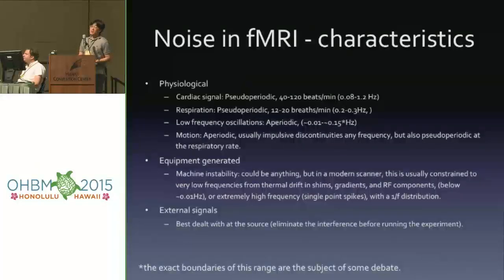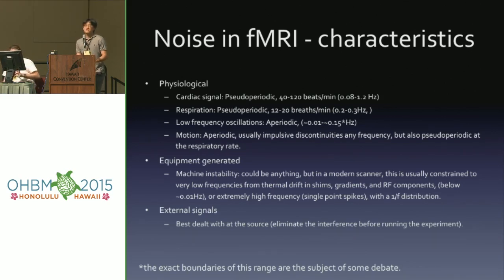Okay, so what are the temporal characteristics of these noises? Let's start with the physiological noises. As we all know, we have a cardiac signal in your fMRI data. The cardiac signal is a pseudo-periodical signal, roughly about 0.8 to 1.2 hertz in a healthy human subject. The other pseudo-periodical signal is the respiration signal, roughly about 0.2 to 0.3 hertz.